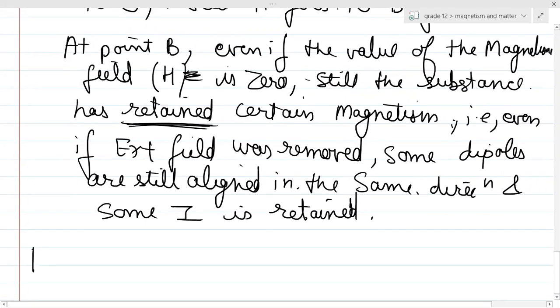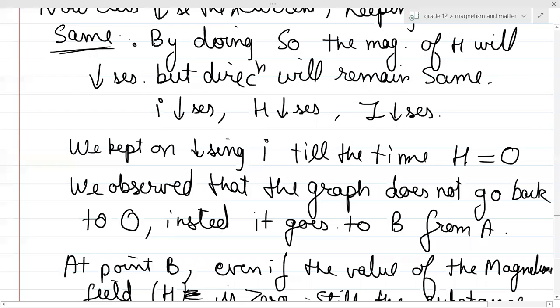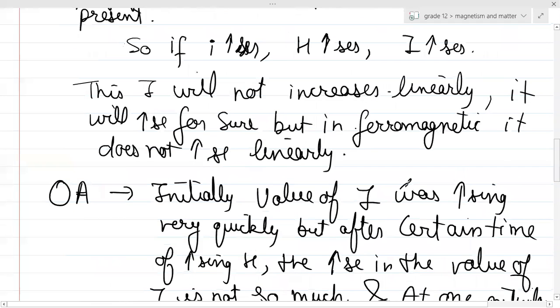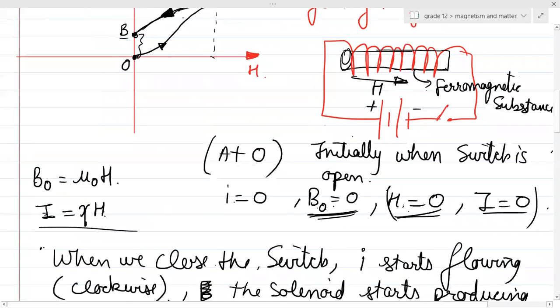So basically, we define something called retentivity. Retentivity is basically that OB part, from O to B. I told you, no? I showed you the diagram as well. This O to B on the I axis is basically the retentivity.